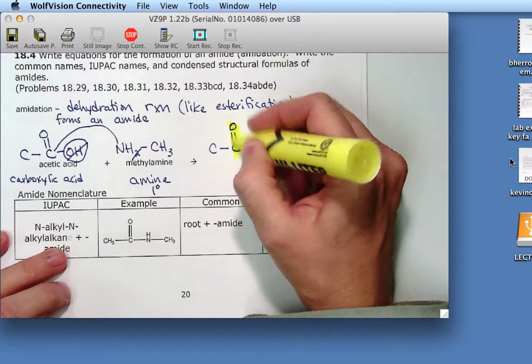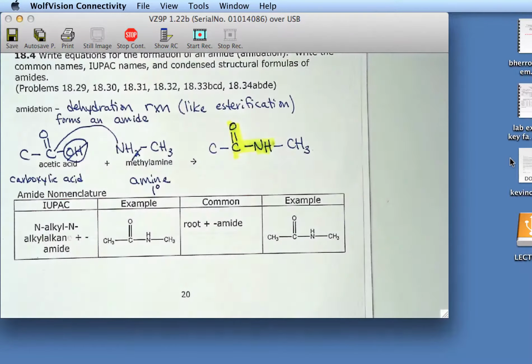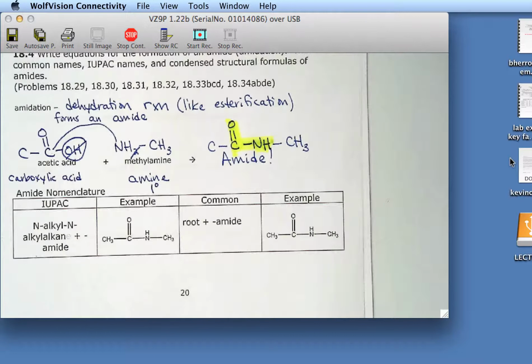So this is your amide. We'll see this bond again in Unit 6 when we talk about proteins. That peptide bond is what holds proteins together.